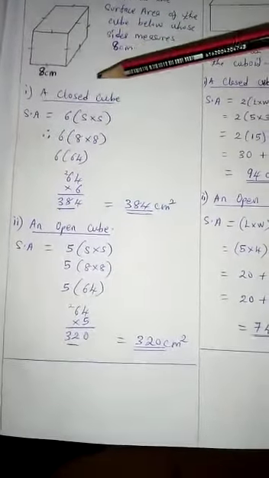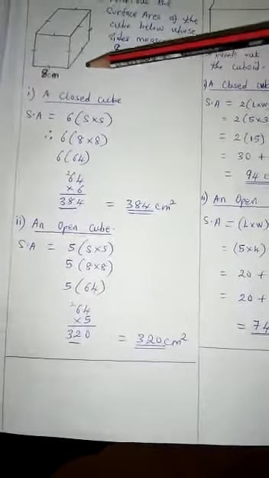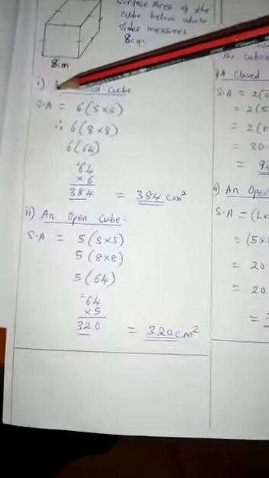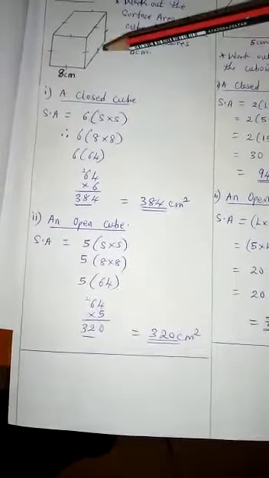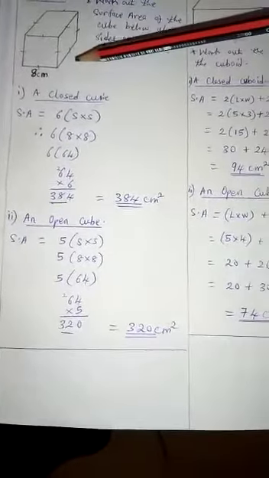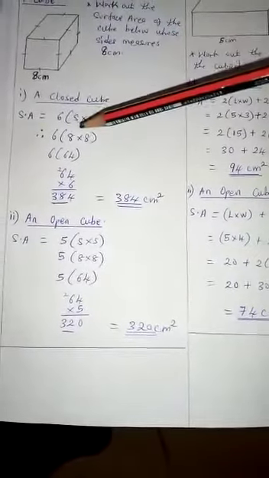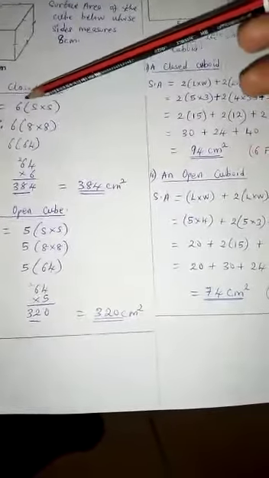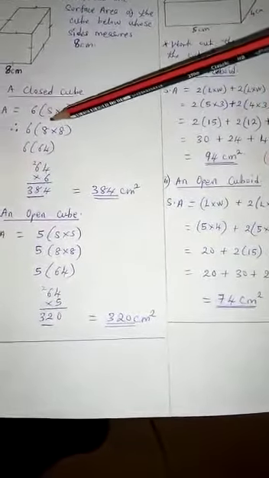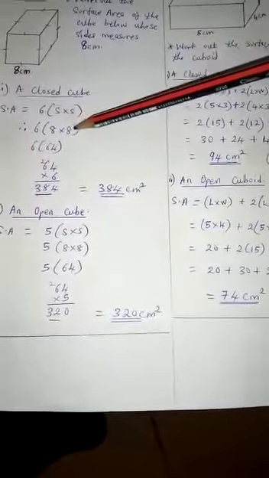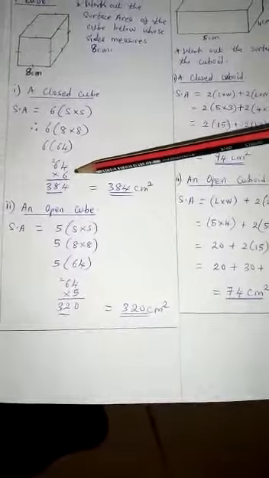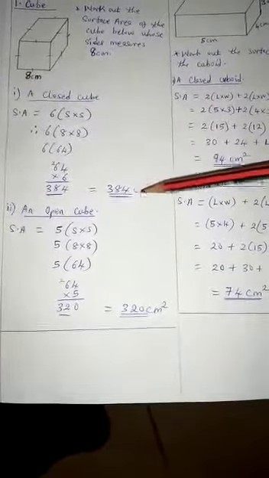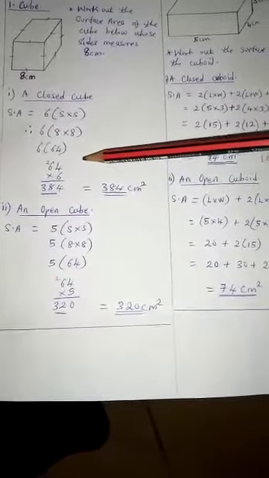So in the closed cube, to get the surface area, SA, we take the area of one side, which is a square, multiplied by the number of faces, which are 6. So 6 into brackets, side times side. When you work out your question, you'll get 384 centimeters squared after opening the brackets.